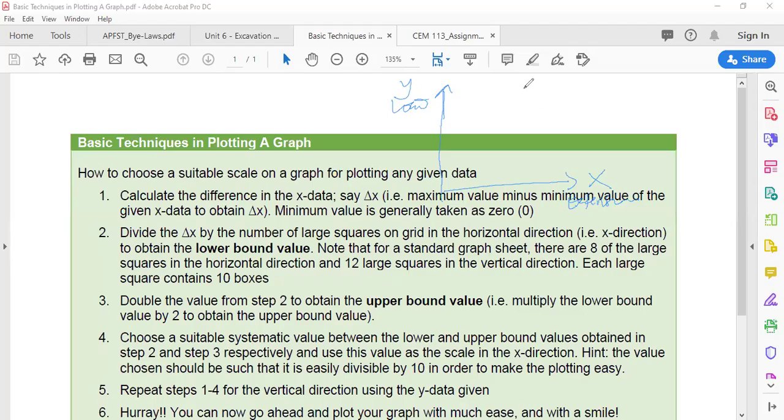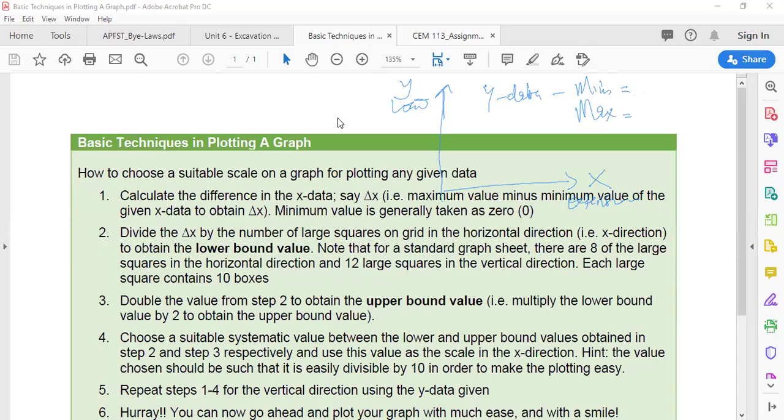So once again, let's look for the minimum and maximum of the Y data. Minimum first. What is the minimum for the Y data? That one too is 0. Okay.